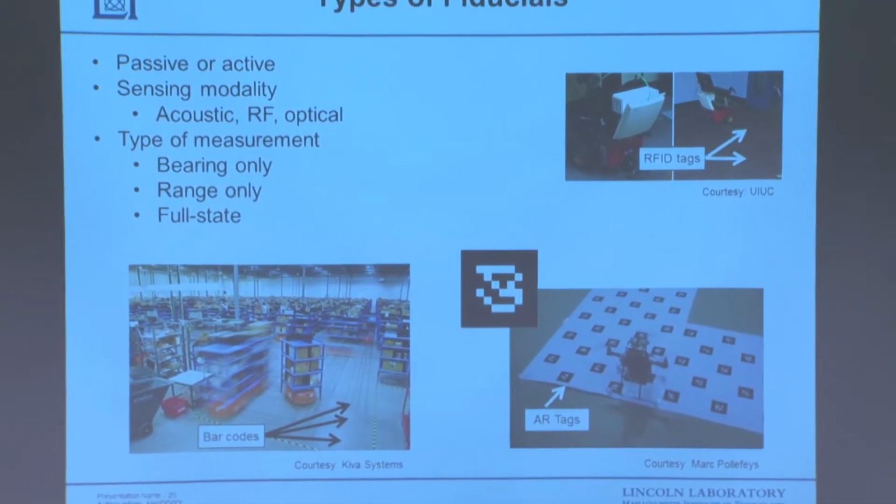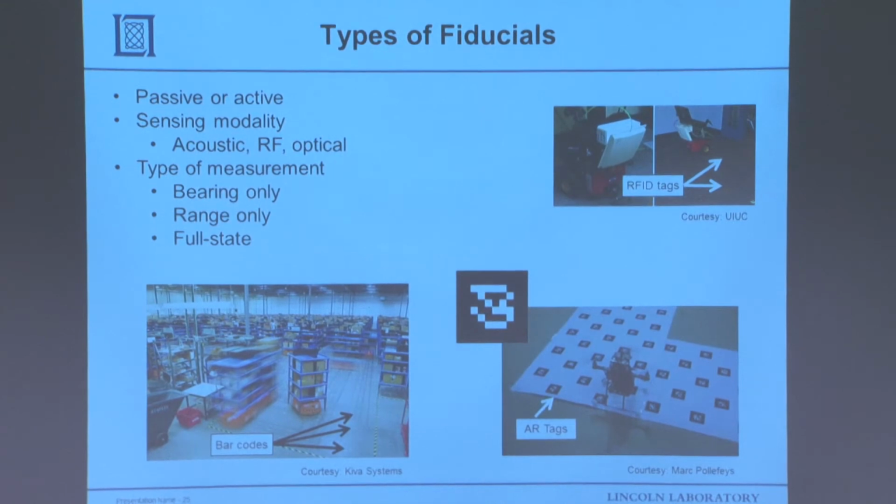There are many different types of fiducials that we can add to the environment. You can buy a lot of different fiducials off the shelf. You can kind of design your own. They vary quite a bit in what sensing modality they use. Some of them might use an optical sensing modality, where you have a camera on the robot in order to sense something visually.